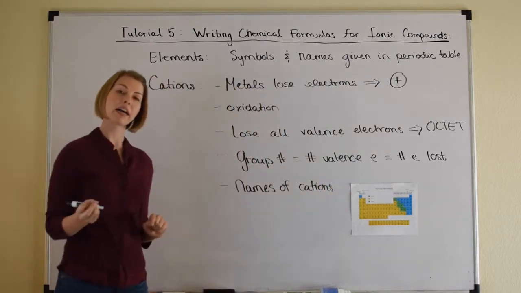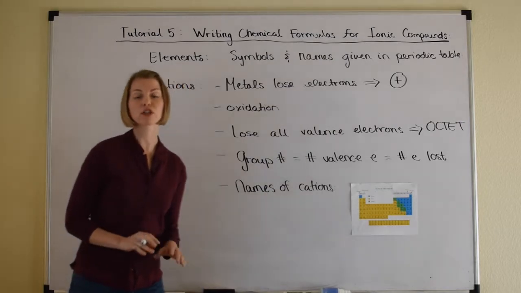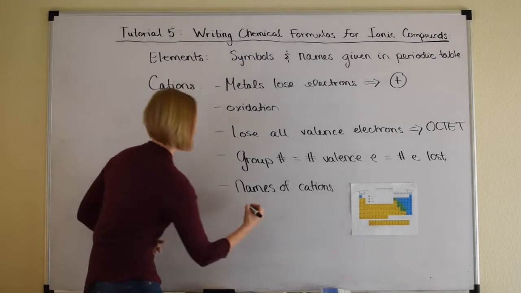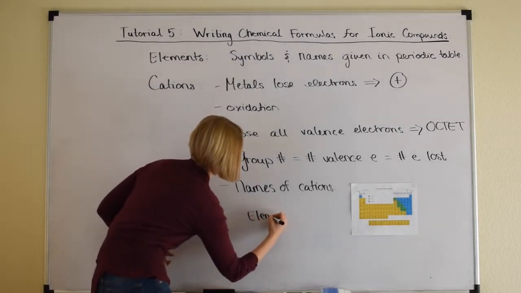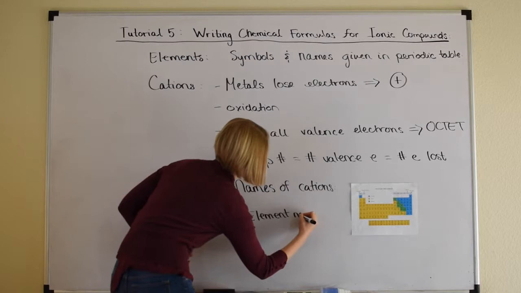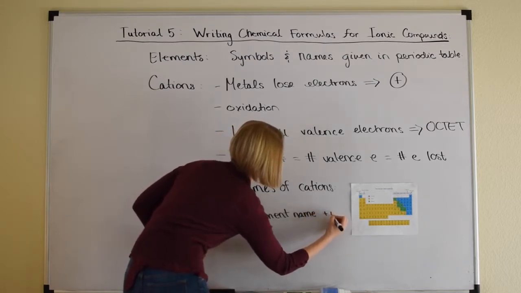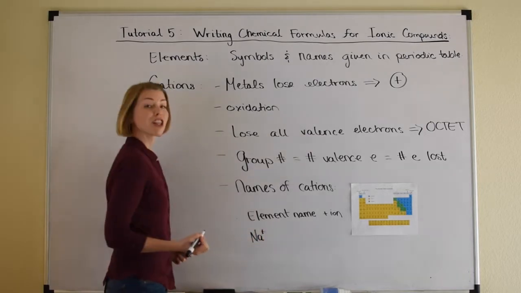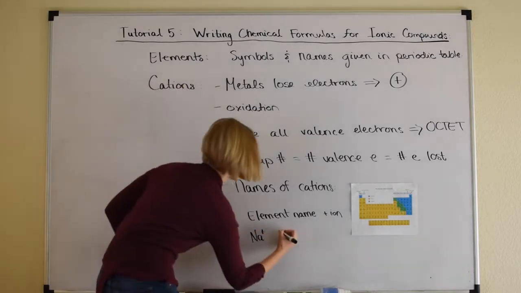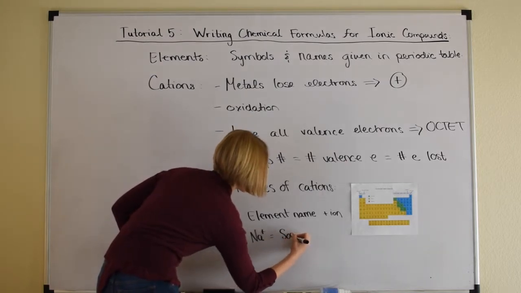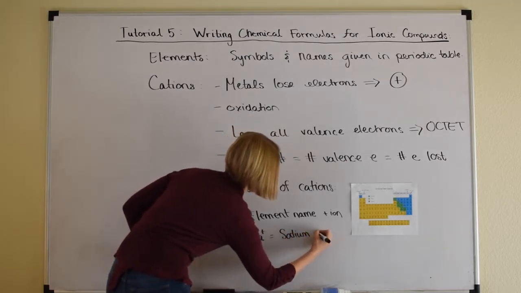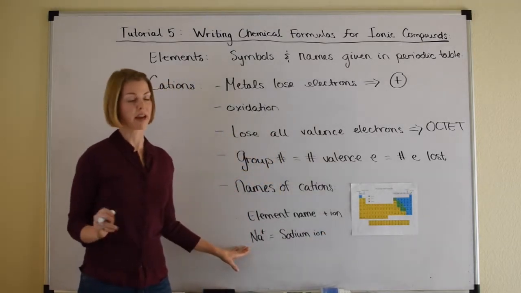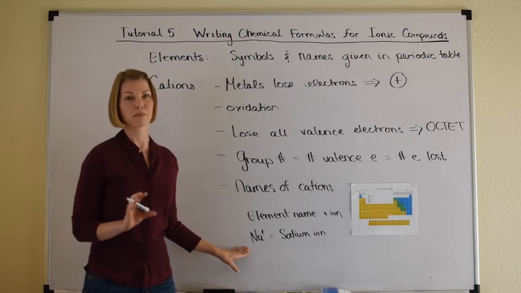To name a cation, it's actually very simple. All you have to do is take the element name plus the word ion. So for Na+, don't just call it sodium, call it a sodium ion, because the elemental form of sodium actually behaves very, very differently than a sodium ion.